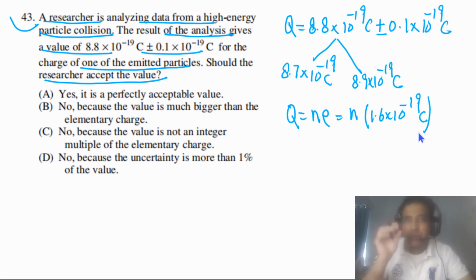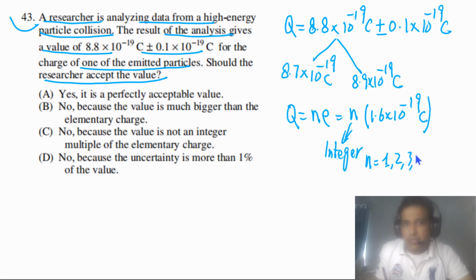N has to be an integer, meaning n can be 1, 2, 3, 4, 5, and so on. But n cannot be 0.5, and cannot be 1.5, and cannot be 2.5.